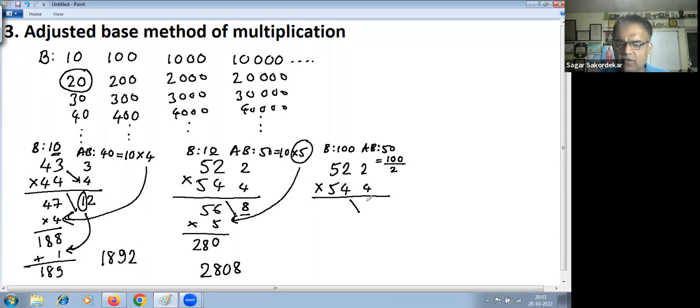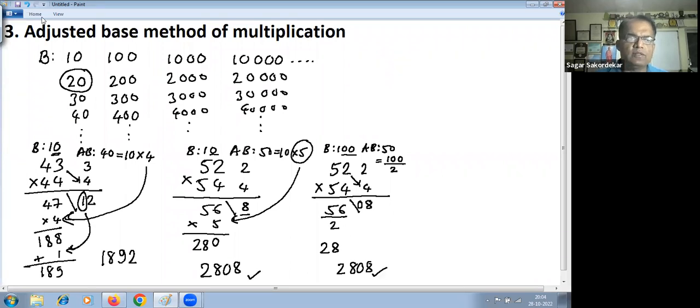Multiply differences, that gives you 8. But note that there are 2 zeros in the base, so you have to write 08. Cross addition, 52 plus 4 is 56. And now the relation is divide by 2, so 56 divided by 2 is 28. And then join: 2808. Okay, so the same answer.